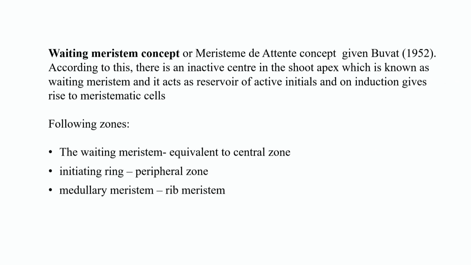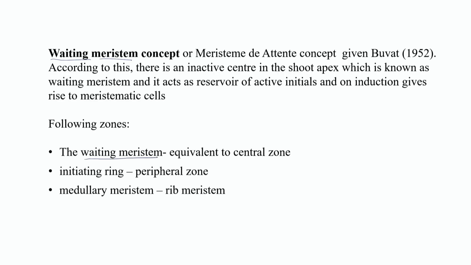Now a similar type of concept was given by Buvat, the waiting meristem concept. It is also based on the cytohistological concept. In this concept also, different zones are there: you have the peripheral zone and the central zone, but the names given are slightly different. They have given the name waiting meristem, which is equivalent to the central zone.